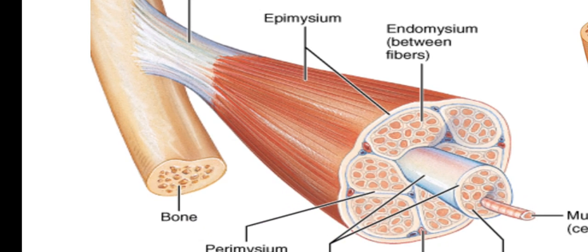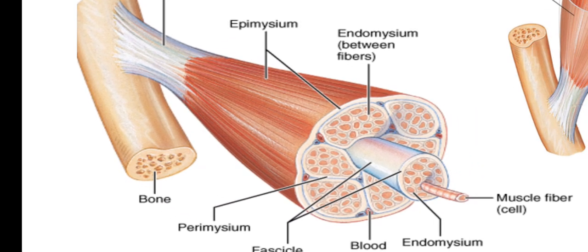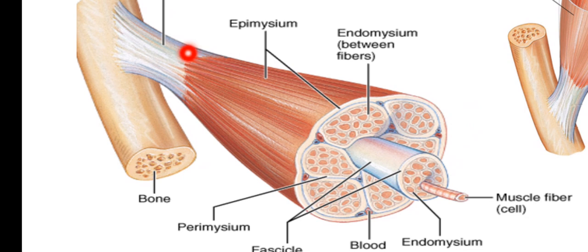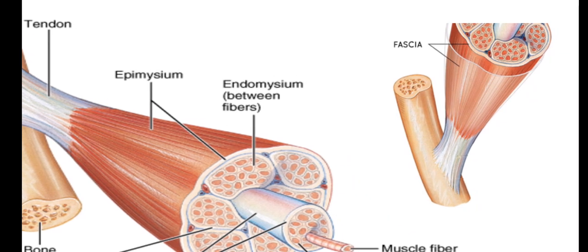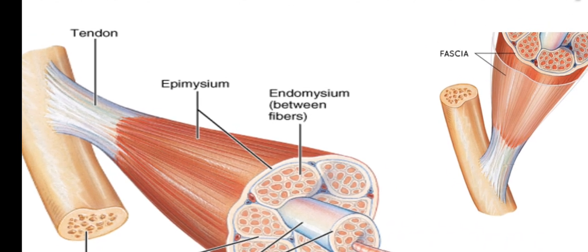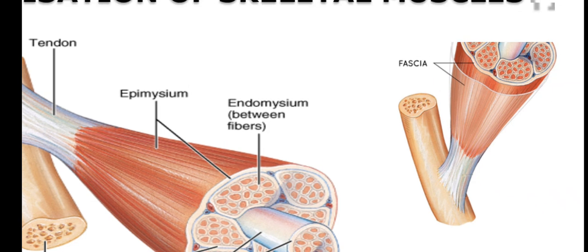Now, what I want you to appreciate on this slide is that the entire muscle that you are seeing has got different layers of connective tissue. Before I even talk about this, let me just show you what we call the fascia.